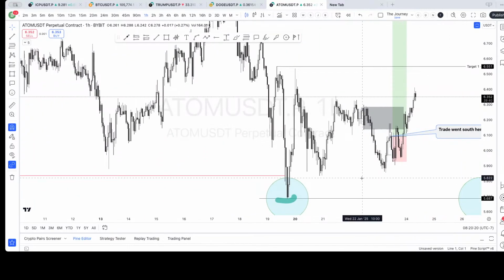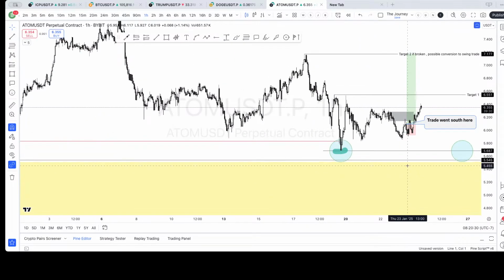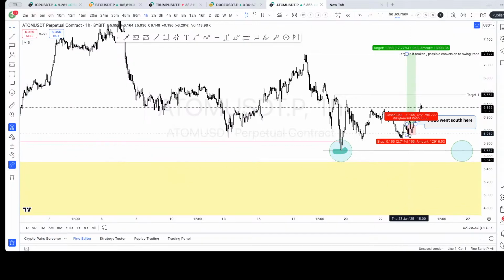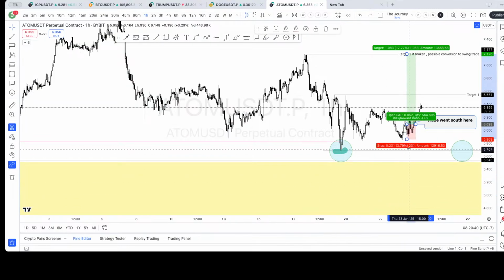So let's talk about the mistake I made here, okay? I was pretty clear on the stream that I was looking at this more as a swing trade. Why in the hell wasn't I covering these lows? If I'm looking at this as a swing trade, why am I not covering this stuff?